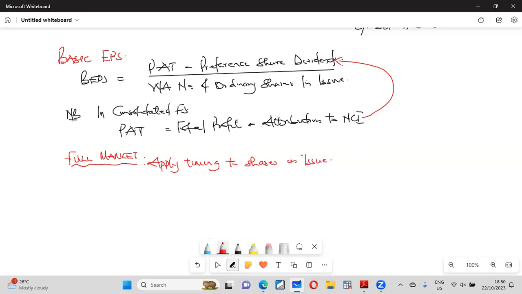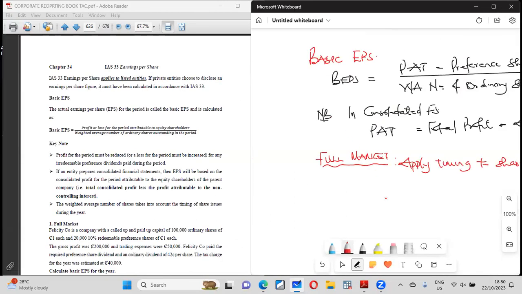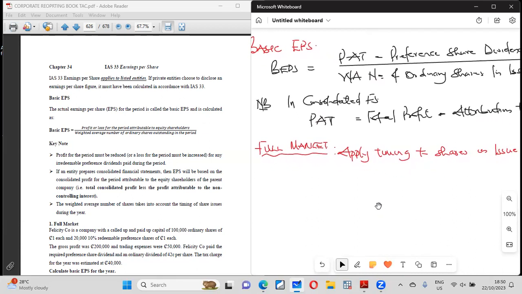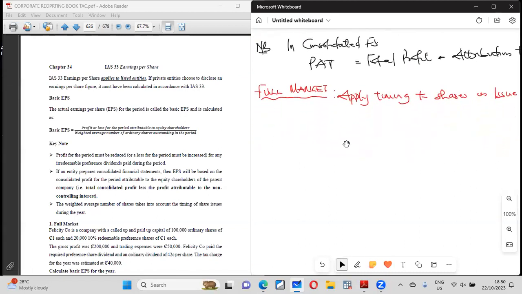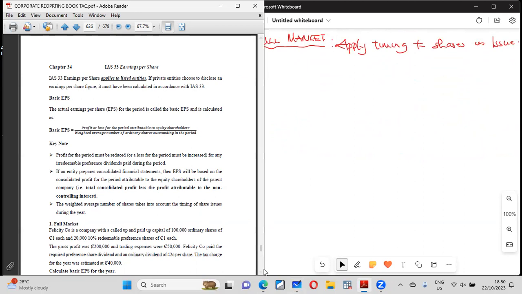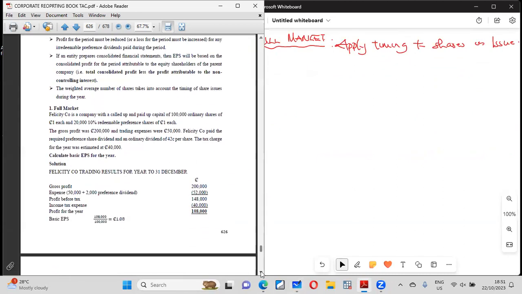All right. What do I mean by that? Let's pick an example and deal with it. So now we have this first illustration to look at.